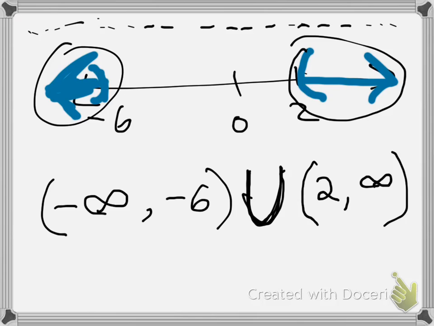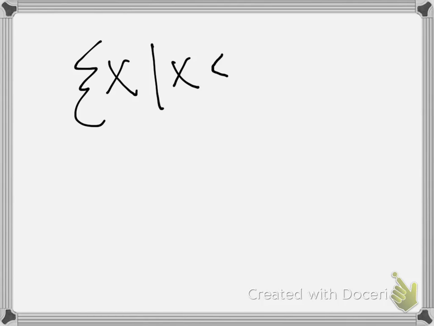That's the interval notation. Let's talk about set builder notation. The set of numbers is all of the x values such that the x values are, do you remember, less than negative 6, or the x values that are greater than, what was it, positive 2.